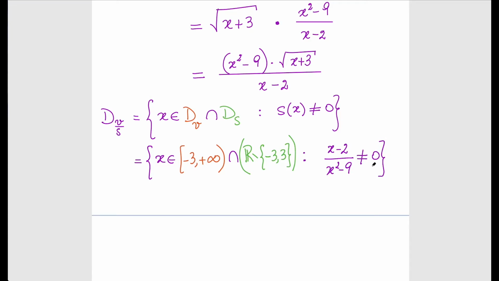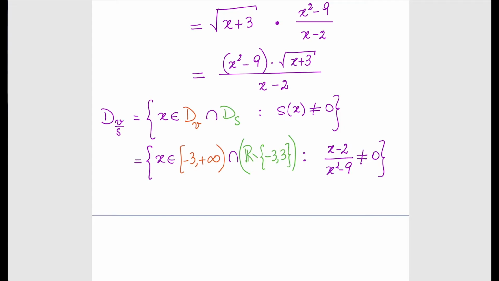Alright. Now, what does this mean? Well, it's the collection of all numbers from -3 onward, and because I need the intersection, that are real numbers that are not -3 and 3. So putting things together, x is a real number from -3 onward that's not -3 nor 3, right?